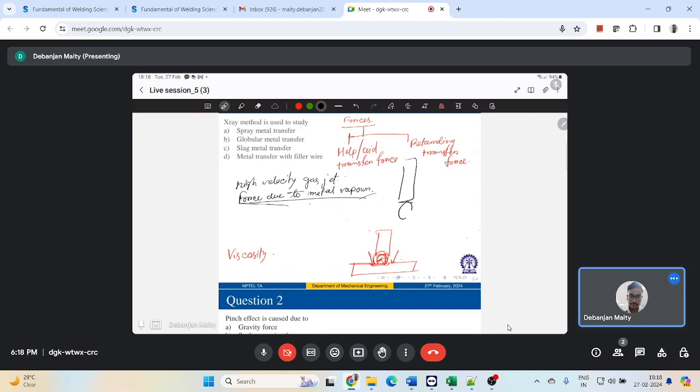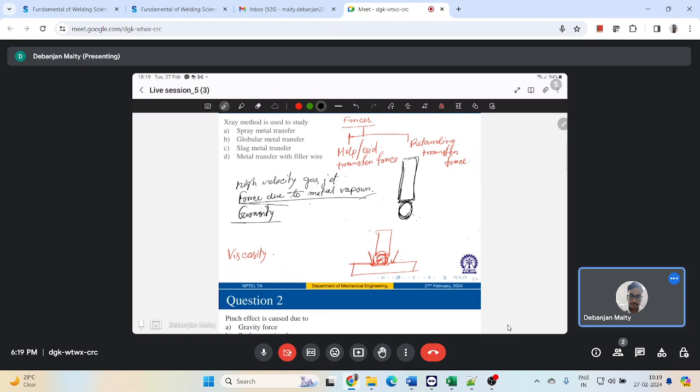So if this is your drop metal and this is your electrode, the force due to metal vapor, generated by the evaporation taking place, will retard the movement of this droplet, and it will try to make the droplet hang at the tip of the electrode, right? Then of course you have gravity taking place.